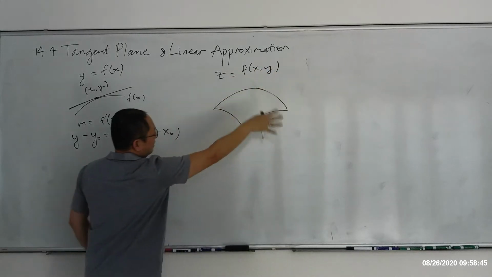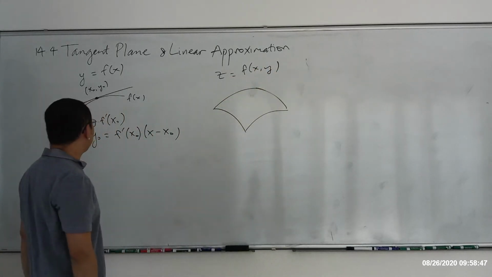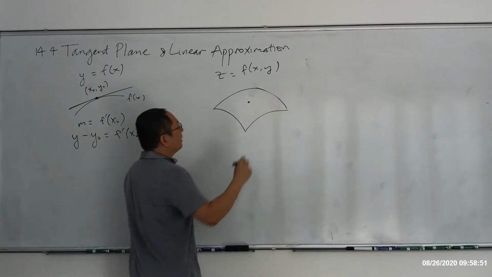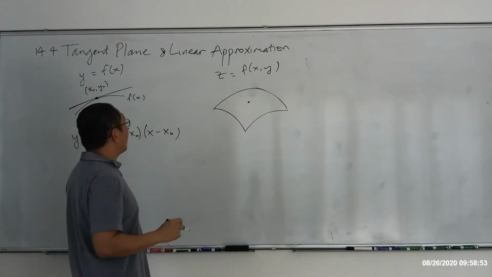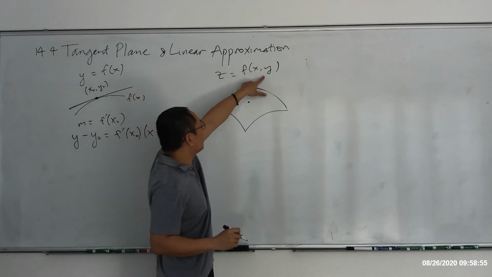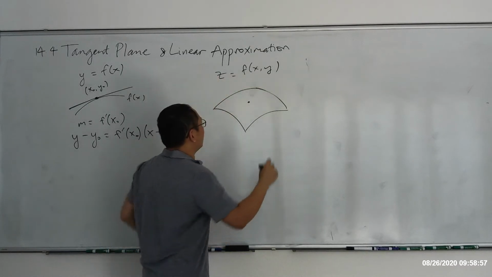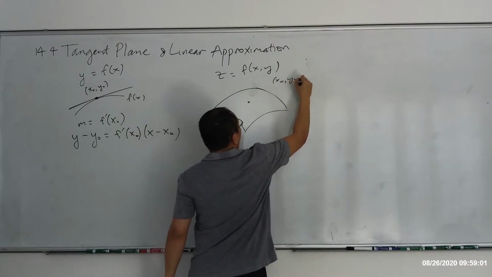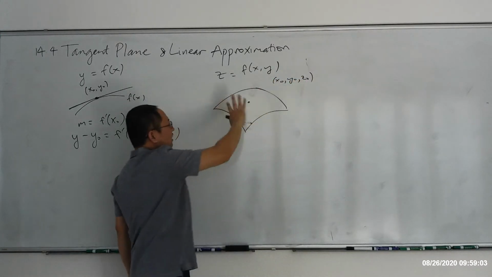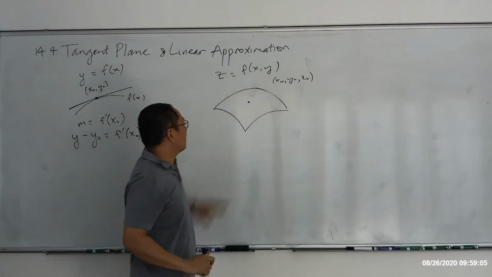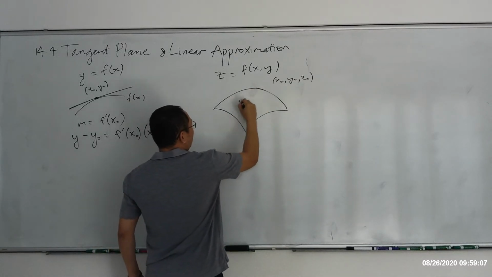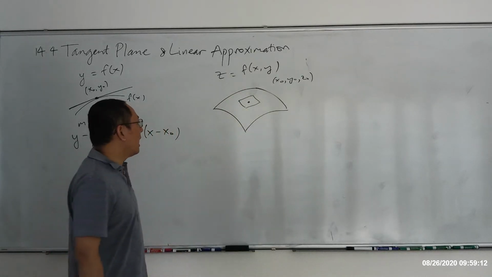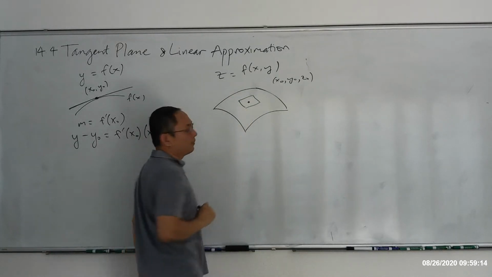Imagine this is a surface, and you have a point on it, (x naught, y naught, z naught), where x and y are variables and z is the output. Now you don't just have a tangent line anymore, you have a tangent plane. You're looking for a plane that is tangent to the surface at the point (x naught, y naught, z naught).